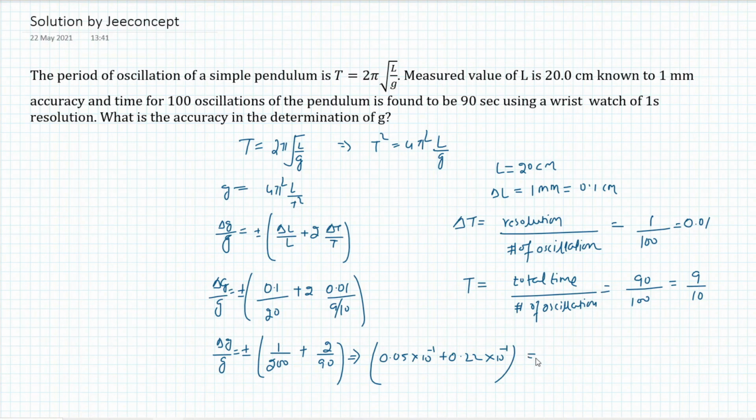So that means this will become plus minus 0.27 into 10 raised to power minus 1. If we calculate this value in percentage, delta g upon g into 100 will become plus minus 2.7%. So this is the solution of this problem.